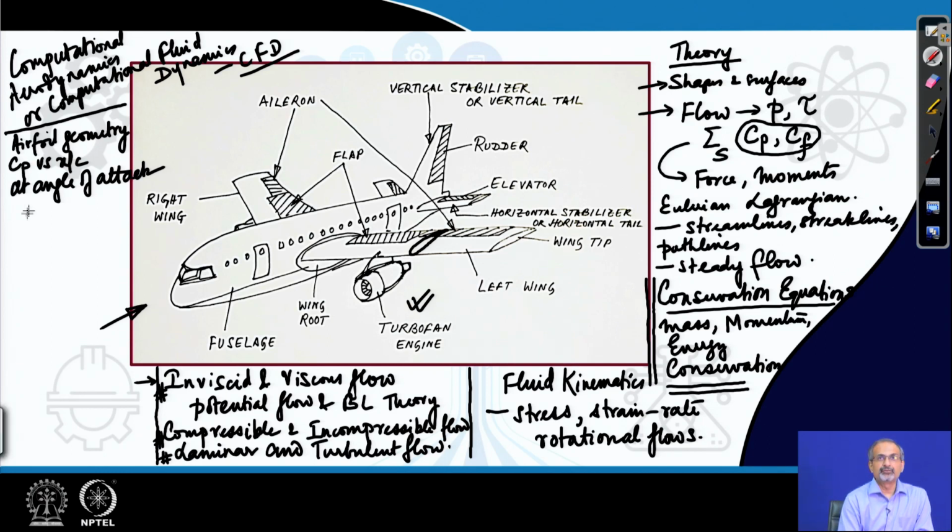And then again, if we integrate the Cp and Cf, you can generate Cl alpha, Cd alpha, Cm alpha curves. We looked at them.